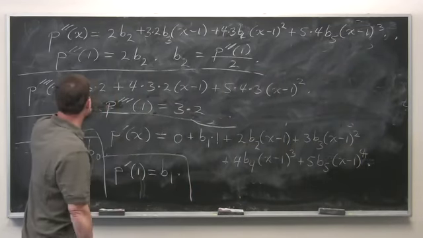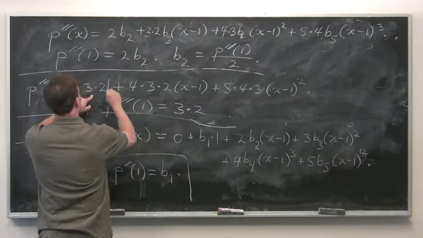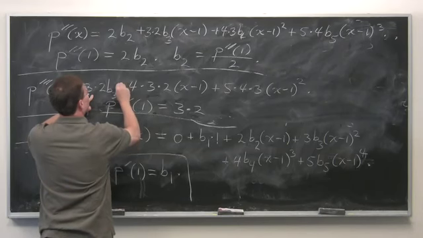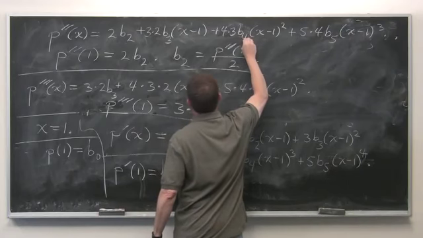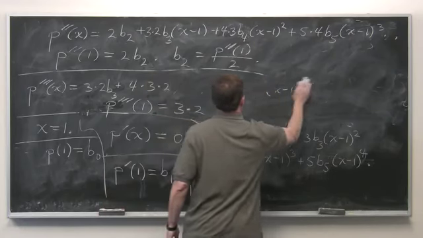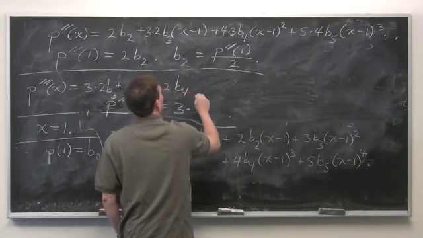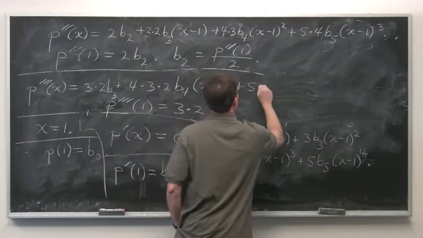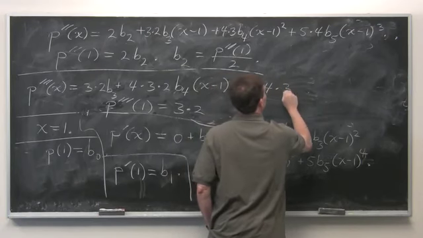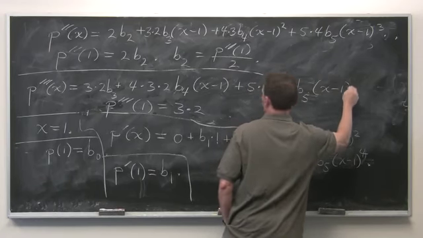And down here we should have gotten, when we took the derivative, we should have gotten a 3 times 2 times b3 plus a 4 times 3 times 2 times b sub 4. Yes, that was a big mistake. It must be 4 times x minus 1 plus a 5 times 4 times 3 times b5 times x minus 1 squared.